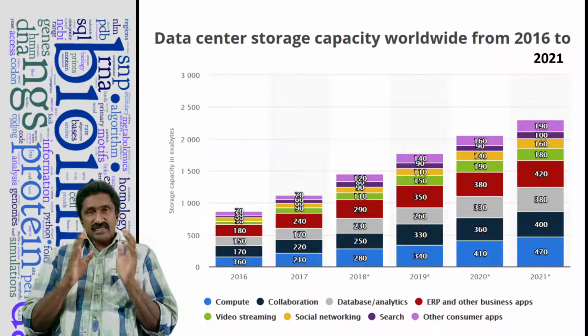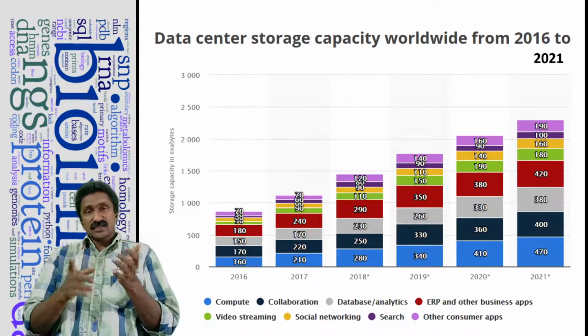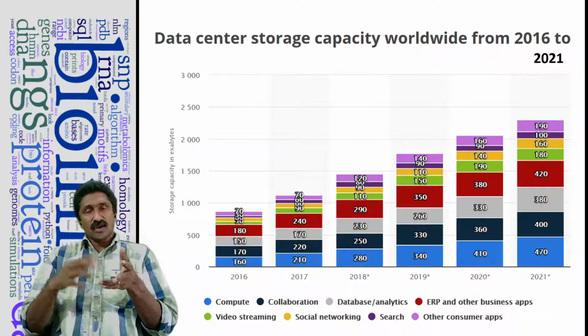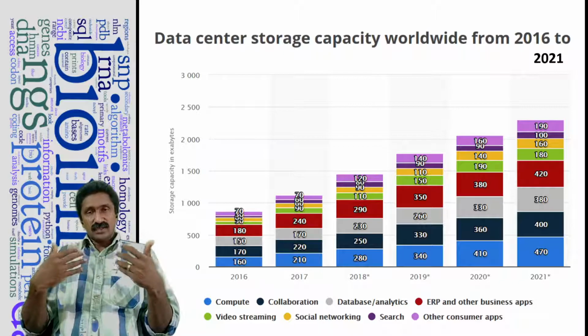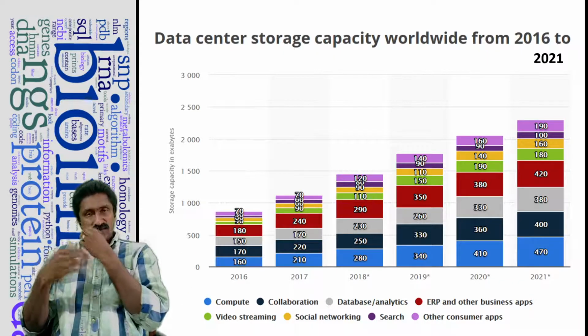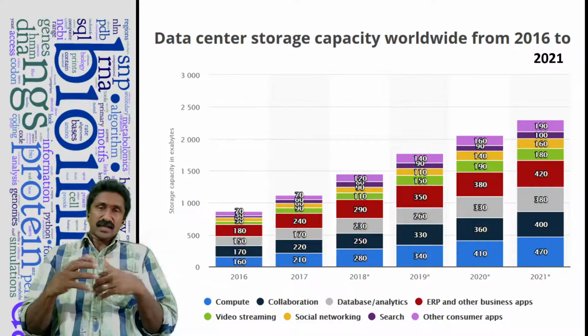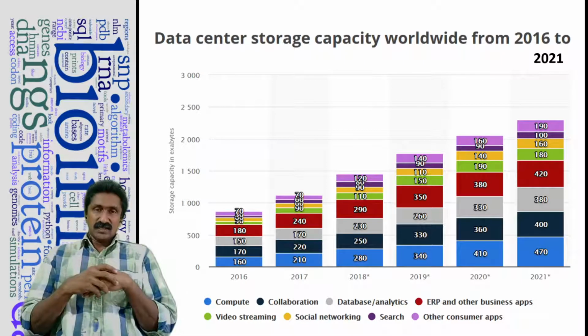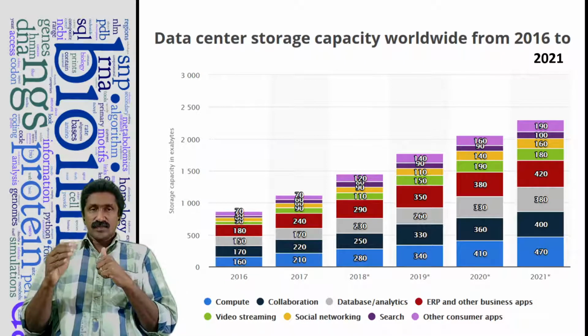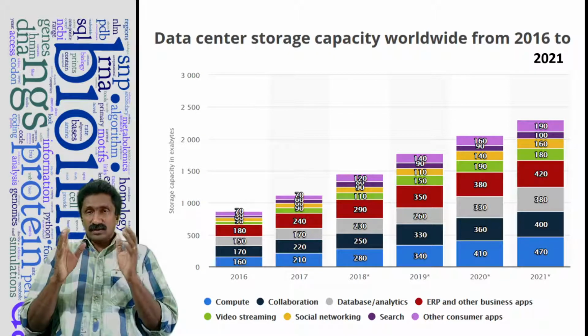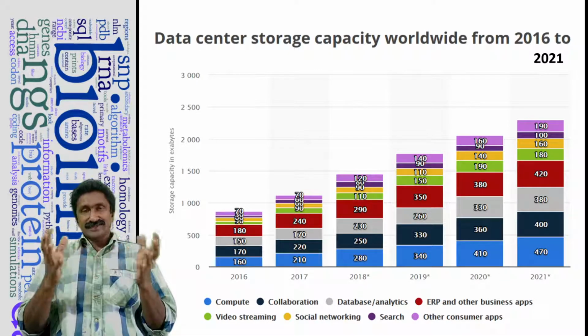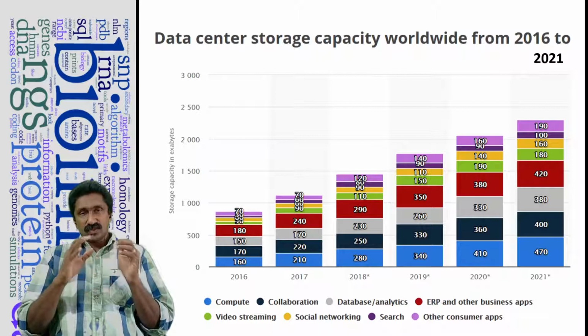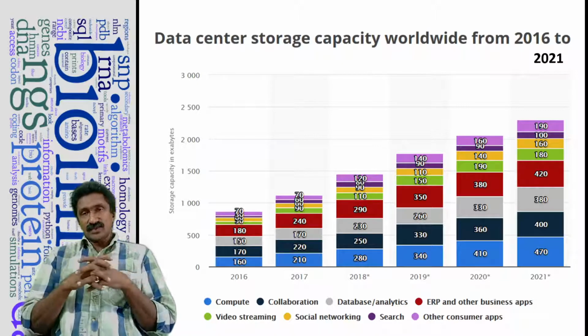And the data center storage capacities: data center means Google or such cloud platforms where email or other cloud storage of files is provided. That type of cloud storage capacity has increased enormously, and now the overall storage capacity of data centers worldwide is almost 2,200 exabytes of data.